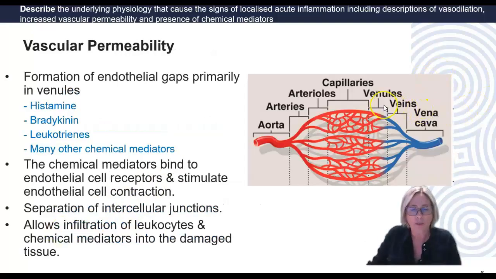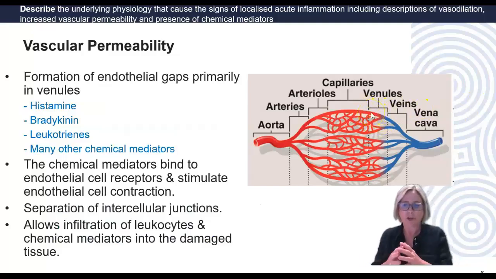Now, with this vascular permeability, so we're talking about here in the venules, what you have to imagine is those endothelial cells lining the vessel wall, and they're pretty much stacked against each other, and they're connected by these intercellular junctions, right?